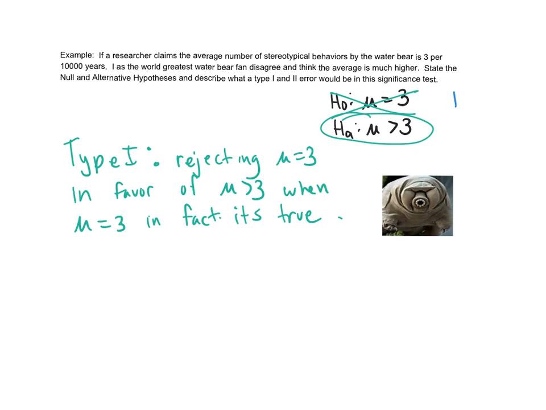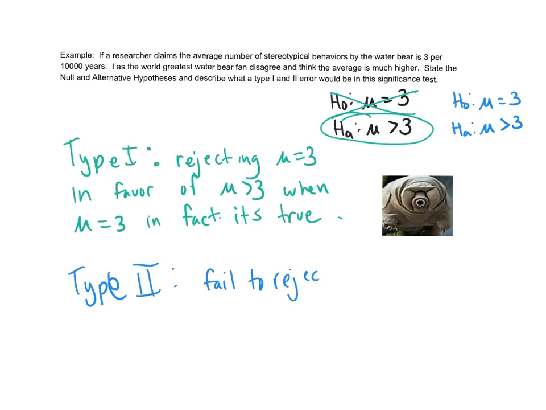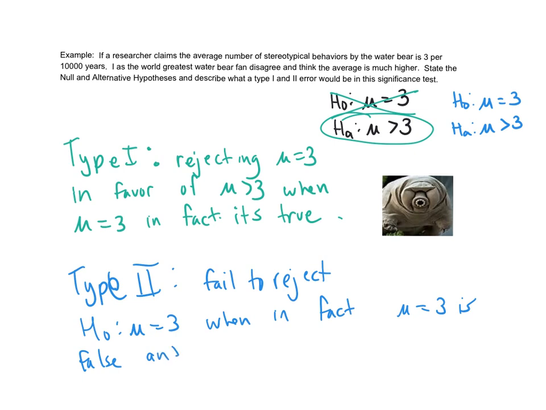For a type 2 error, let's write these hypotheses down again. Mu equals 3, mu greater than 3. With a type 2 error, I should reject the first one, but I don't. So a type 2 error is when you fail to reject the null, which is mu equals 3, when in fact mu equals 3 is false and mu greater than 3 is true.